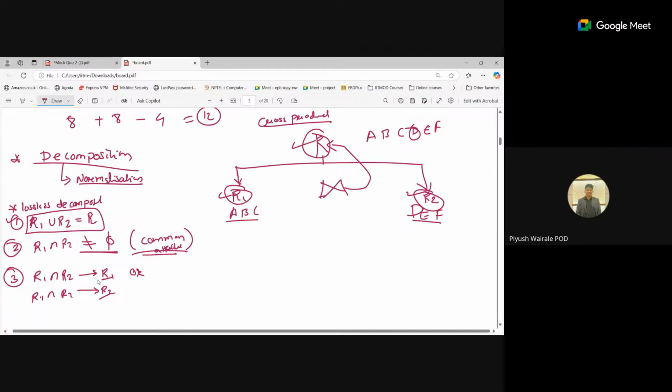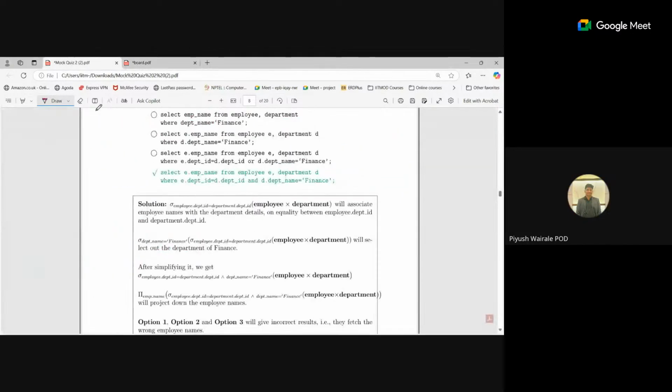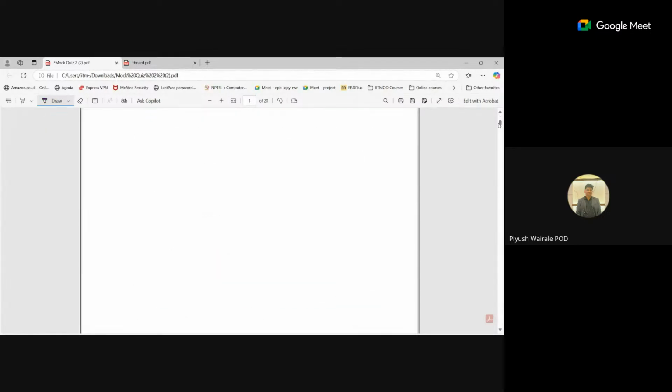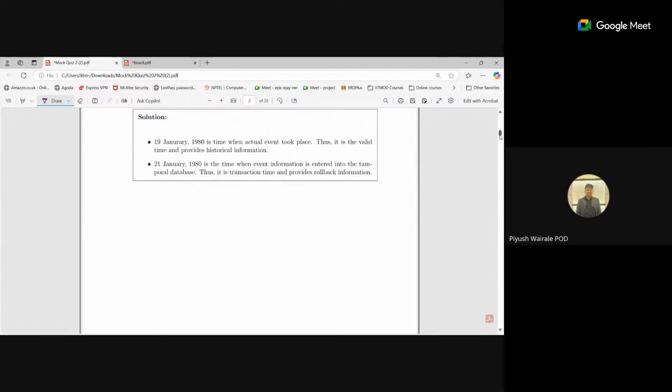Candidate key, super key, it doesn't matter. It should be a key of either R1 or R2. If these three conditions are satisfied, then we can say our decomposition is a lossless decomposition. But candidate key is also a super key.